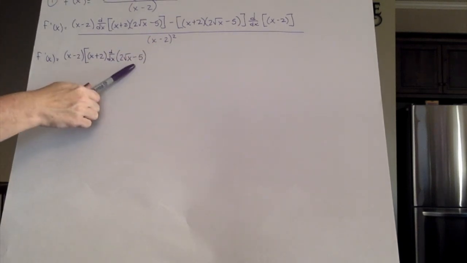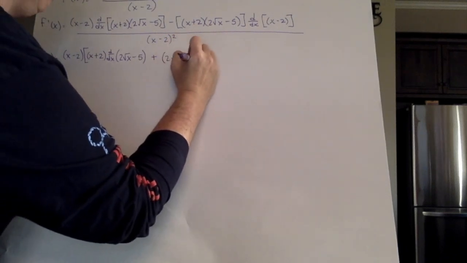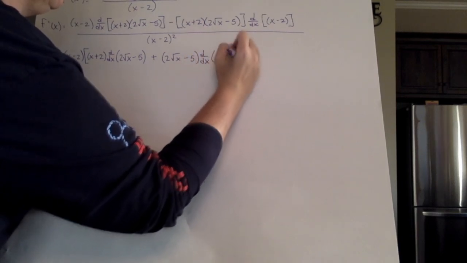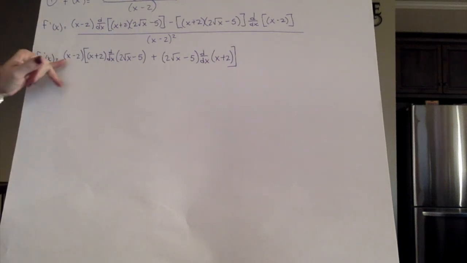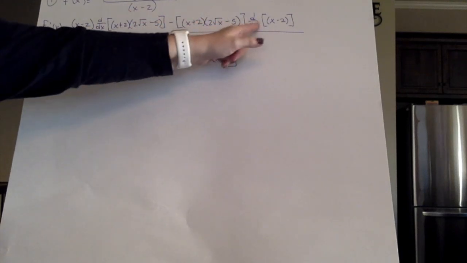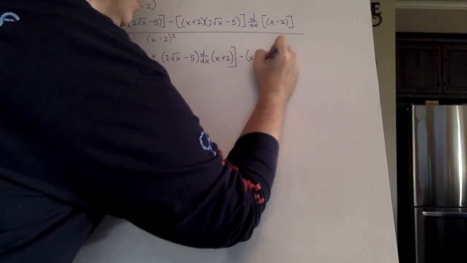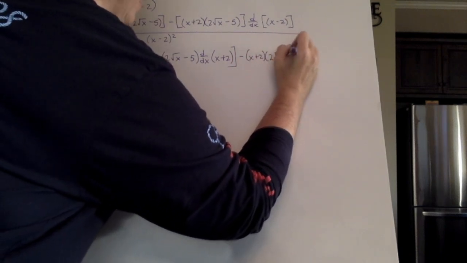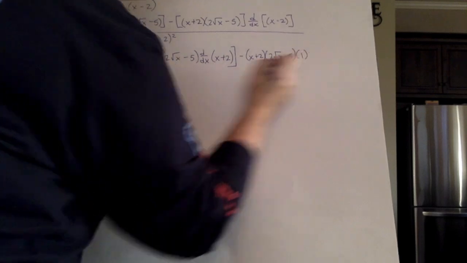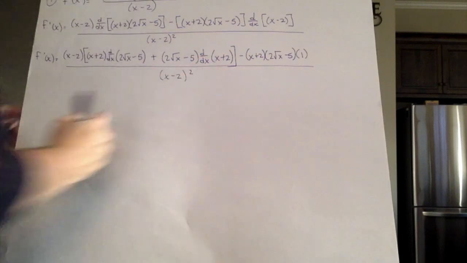So that's first d last, plus last, 2 square roots of x minus 5, d first, x plus 2, and that's all in brackets. So this is still just low, d high, okay? Minus, we still have to write this stuff. So we'll have minus x plus 2 times 2 square roots of x minus 5 times the derivative of x minus 2. The derivative of x minus 2, though, is 1, all over x minus 2 squared.